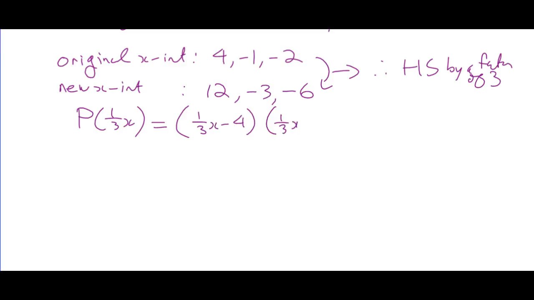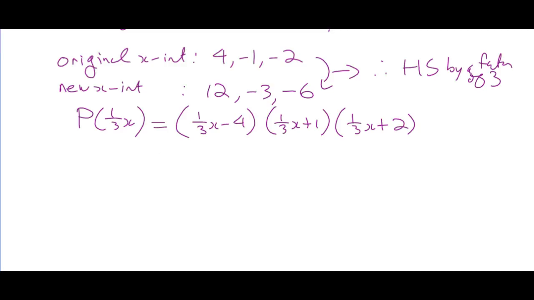It's 1/3 x plus 1. And it was x plus 2. It's 1/3 x plus 2. So having figured out that the original x-intercepts and the new x-intercepts are related by a horizontal stretch by a factor of 3, knowing that that means that everywhere we see an x, we're going to replace it with a 1/3 x, we simply go into the function and do that.